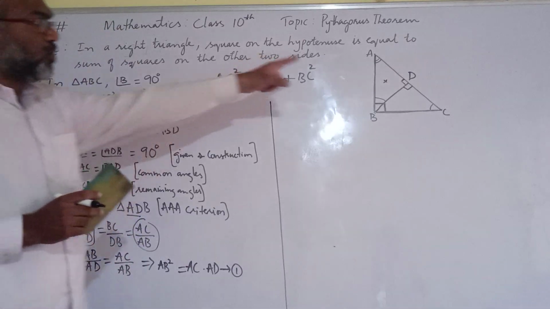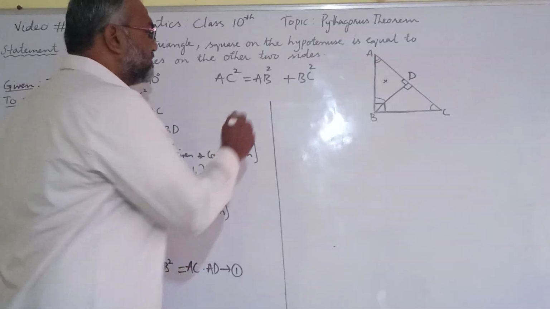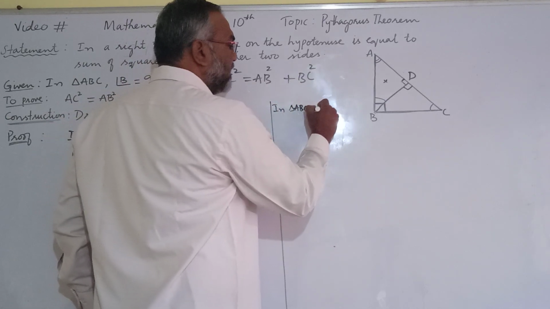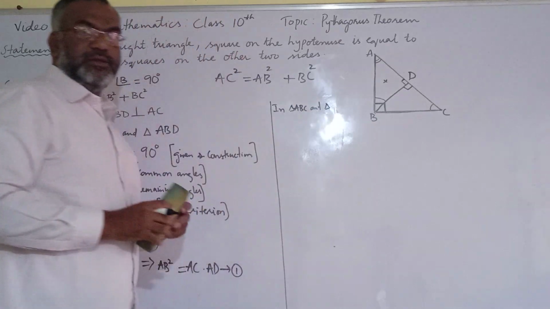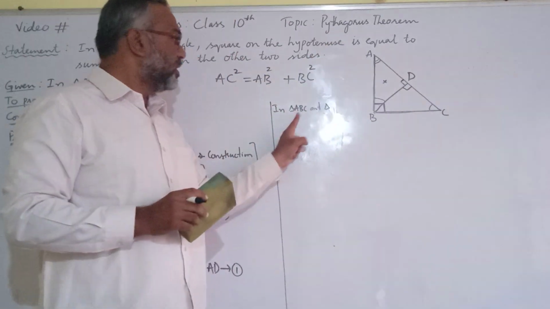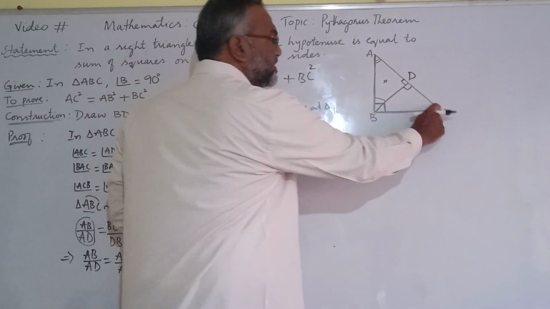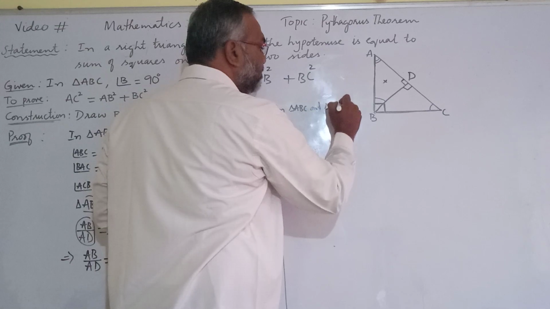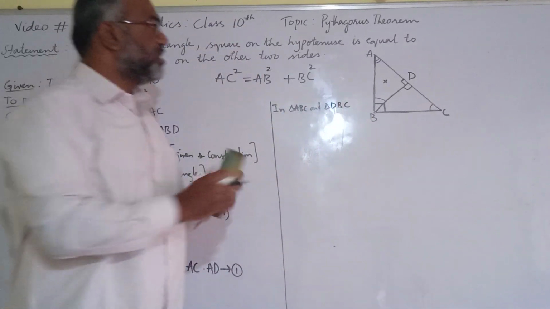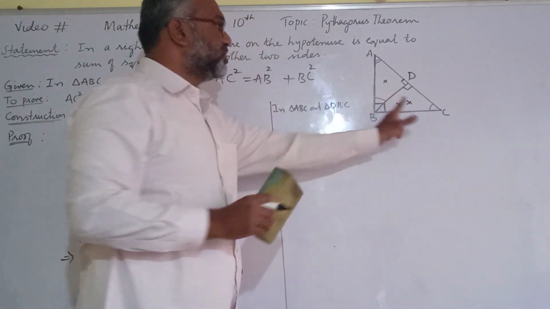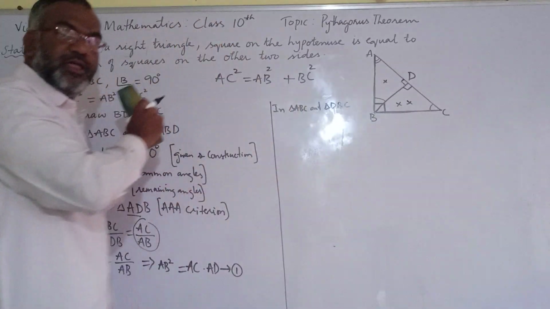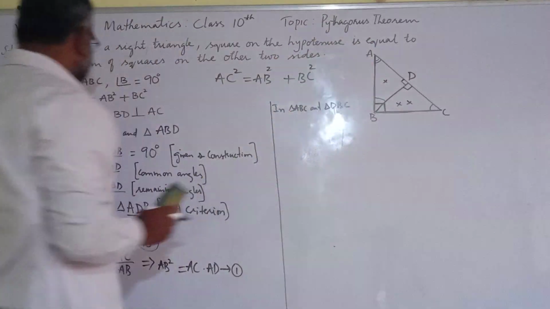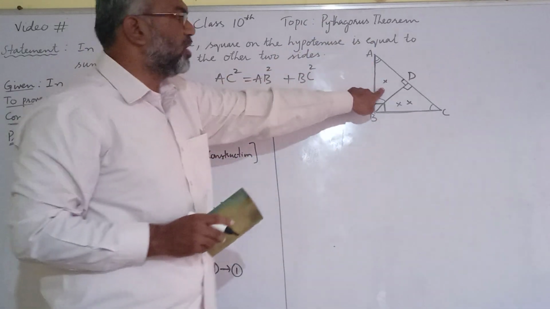Now once again, go to the figure. In triangle ABC and triangle DBC, in this small triangle. Previously, we compared ABC, the biggest triangle, with this smaller one.